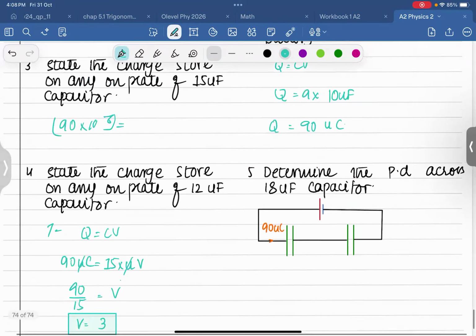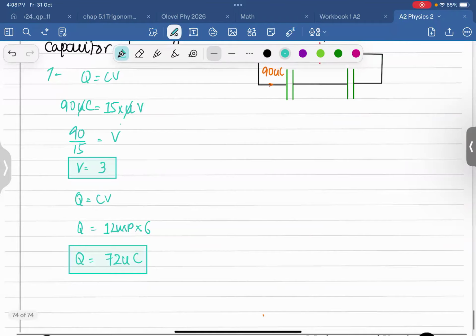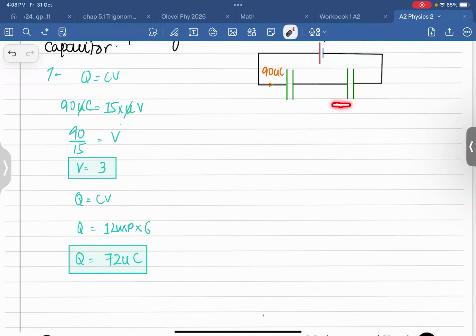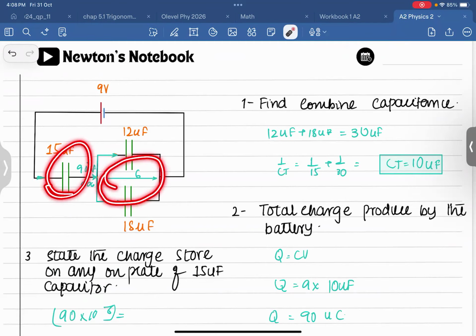Now, if I have to determine the PD across the 18 microfarad capacitor, we found out that the potential difference across both capacitors is 6, right? Because 3 was across this point, so the rest, 6 volts, is right here.